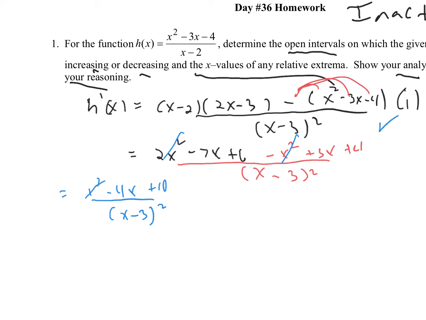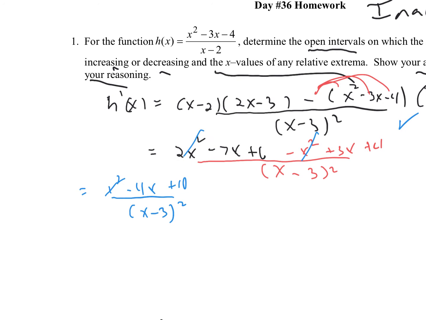I would label this so the readers grading your papers know you did that. There are two things to pay attention to: you have a numerator, and when h prime of x is set equal to 0, all we care about is that numerator.